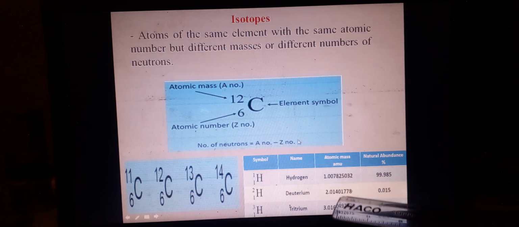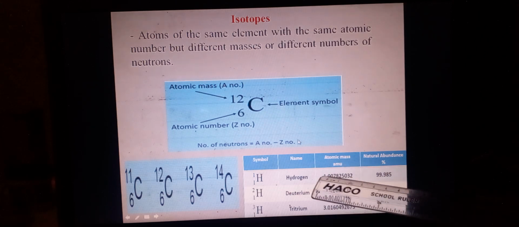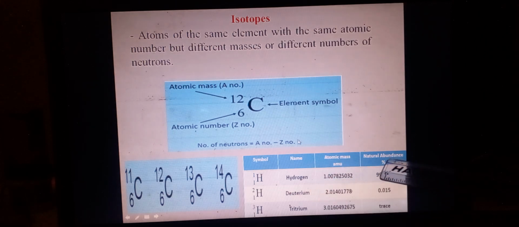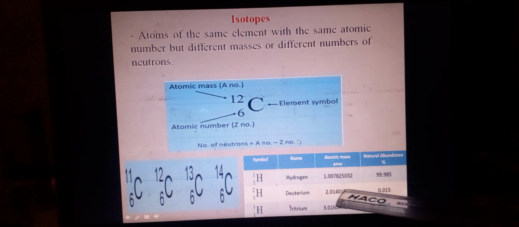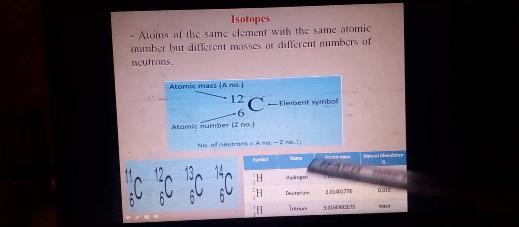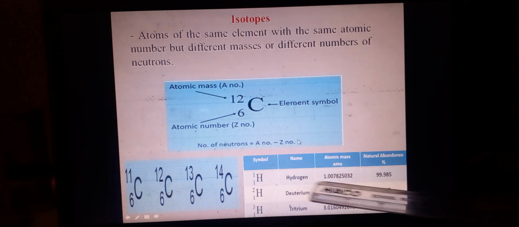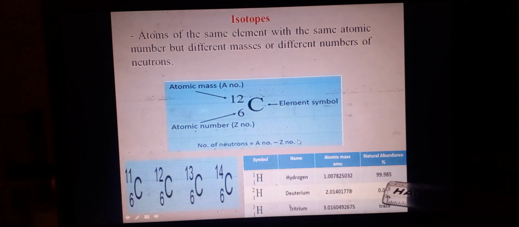These are atomic mass units, 1, 2, 3. These are natural abundance. Remember, each isotope contributes a certain percentage of atoms to the total atoms of that particular hydrogen. The first one contributes 99.985 percent, then the second one contributes 0.015 percent.